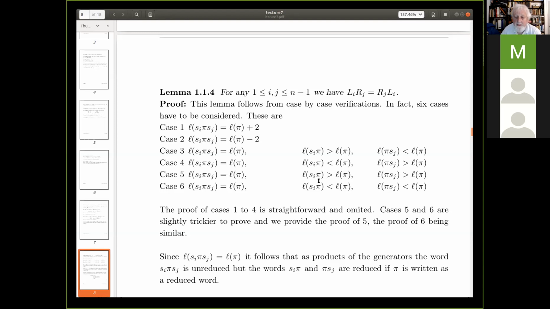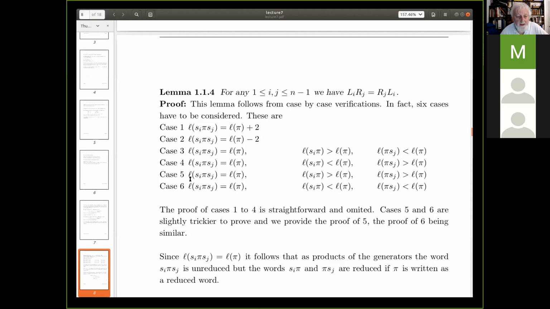So if you take the strands in pi, the two strands where Si hits pi, they will be untangled, and it's the same with multiplying on the right. The strands on the right of pi, when you multiply on the right, when you trace them back, will also not be crossed, okay?